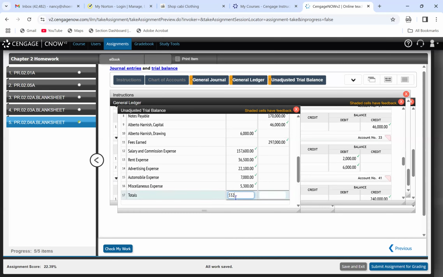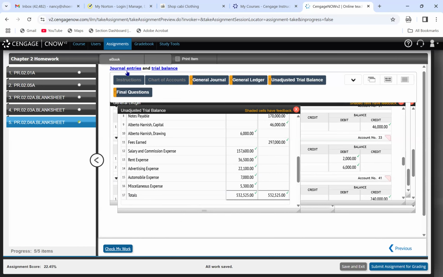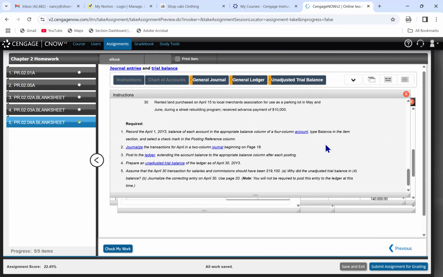Hopefully that will balance. Yay. So that has provided us with our unadjusted trial balance.